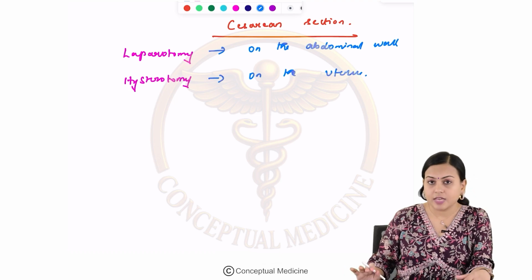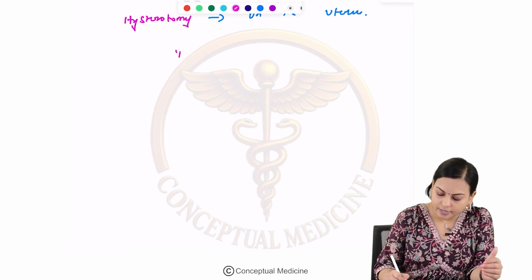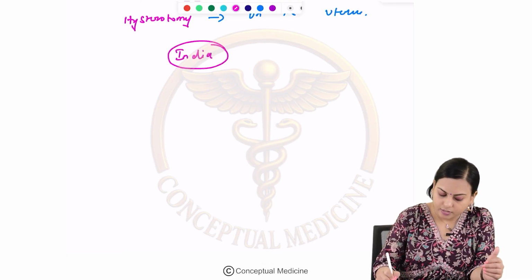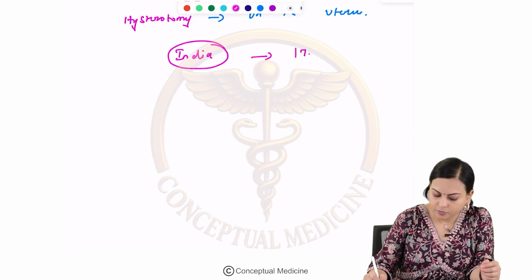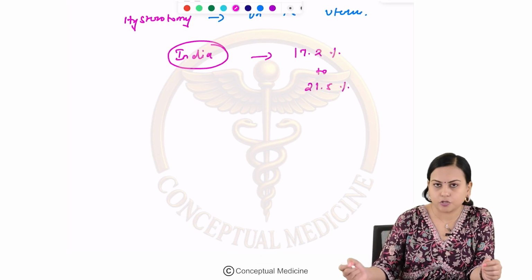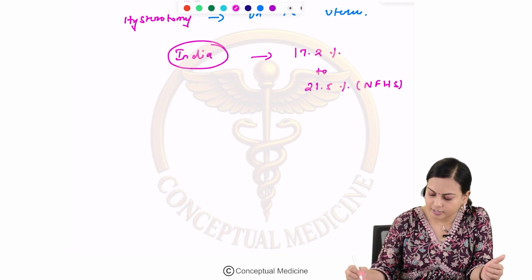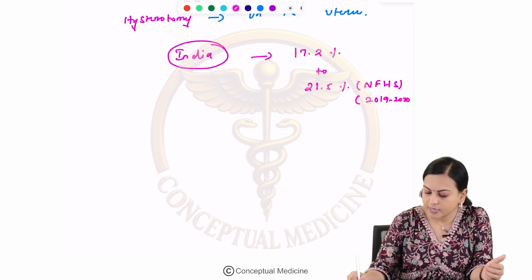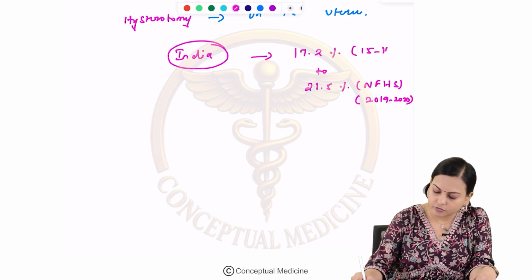This is very important because in India, the national rate of Cesarean section has risen from 17.2% to 21.5%. This was according to the recent NFHS criteria: NFHS in 2019 to 2020 says this ratio, while the earlier figure was in 2015 to 2016.